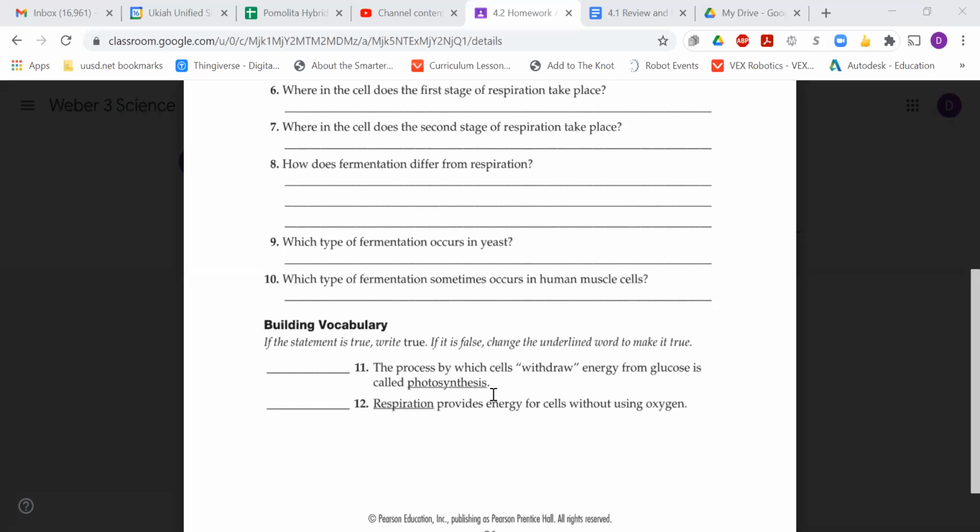Do you need oxygen for respiration? Yes. What provides energy without using oxygen? What is that process called? Brianna got fermentation. Good. So 12 is false. Okay, 12 is false.